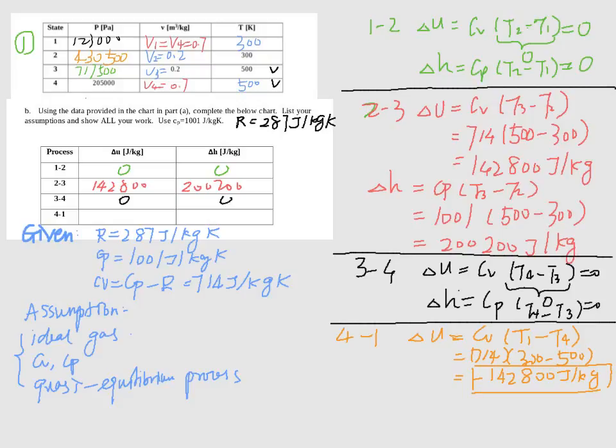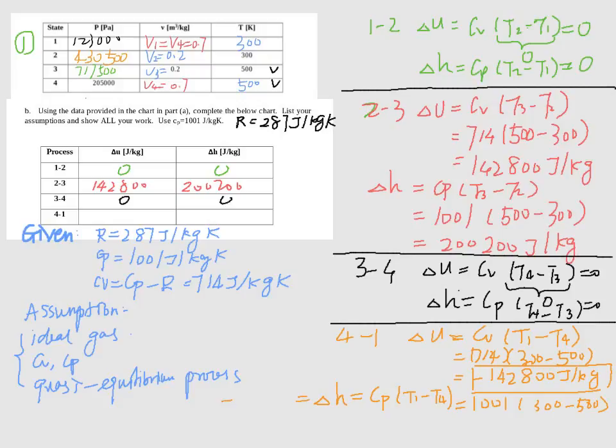Alright, very similar for our enthalpy. Delta H is Cp delta T, T1 minus T4. So Cp is 1001 times 300 minus 500. I'm running out of space, so I'm just going to write on this side.